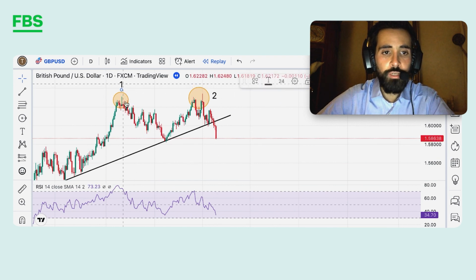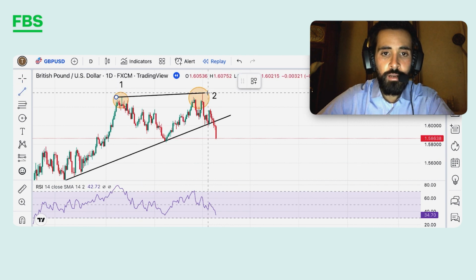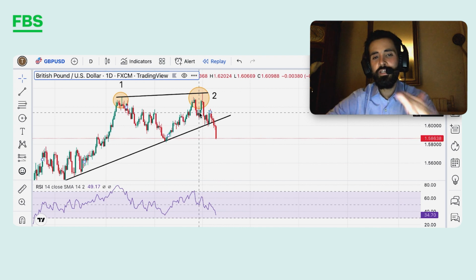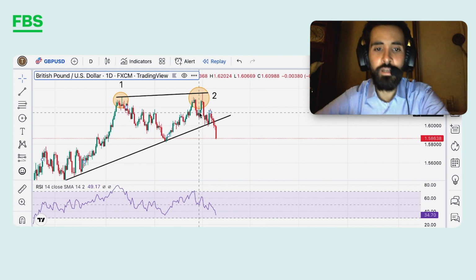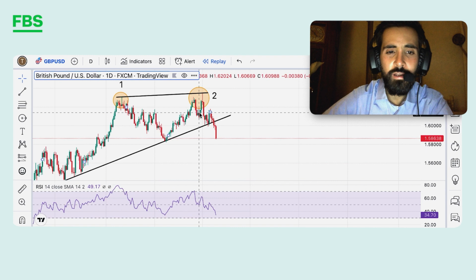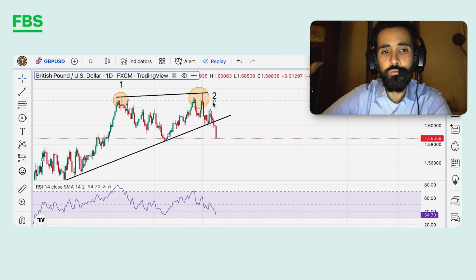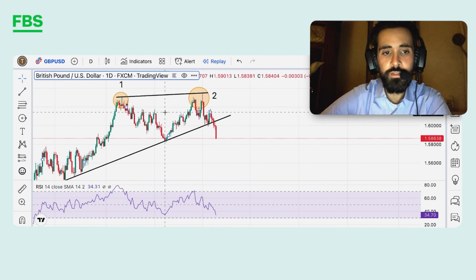We connect these two highs. As you can see, number 2 is a little higher than number 1, so there's a slight slope to the upside if we connect these two highs together.